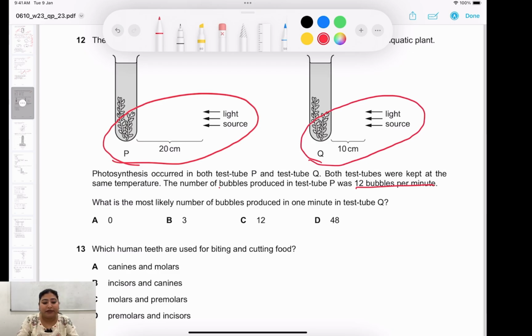That means definitely the rate of photosynthesis is going to be higher in Q than in P. So the correct answer is going to be D, 48, because the minimum is 12 and all the other values are less than 12. So the correct answer is 48.